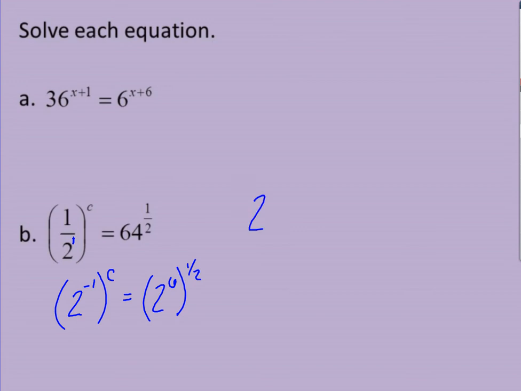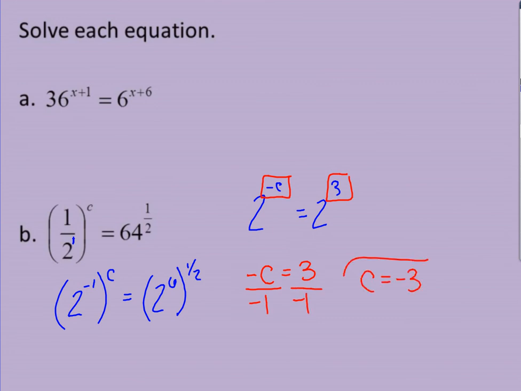Negative 1 times c gives us negative c. 6 times 1/2 gives us 3. Since the bases are the same, we know the exponents are going to be equal. And we're going to get a value of c is equal to negative 3.